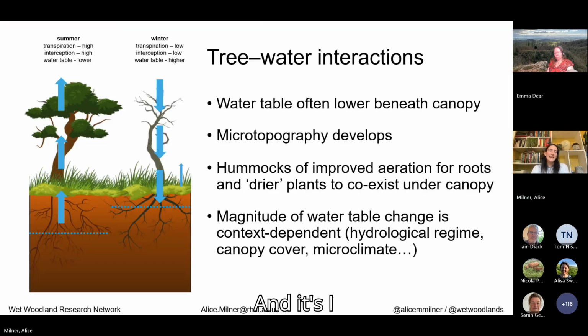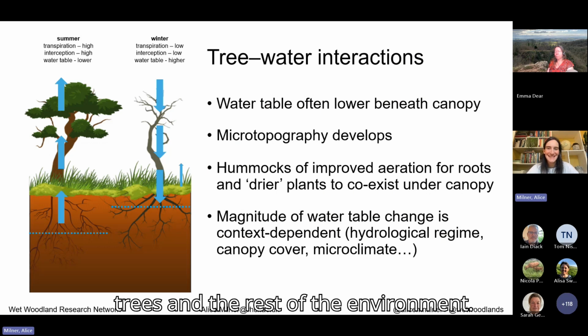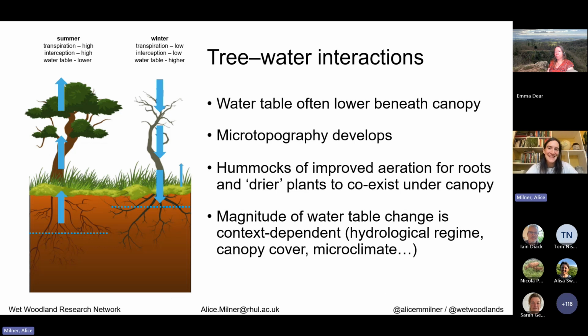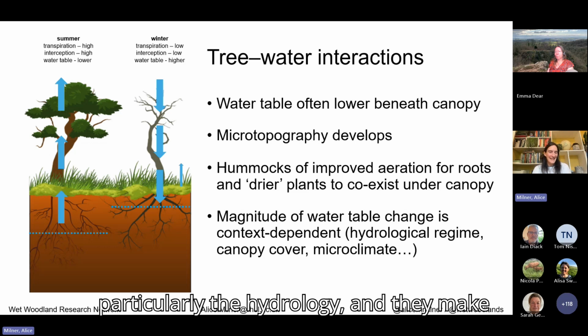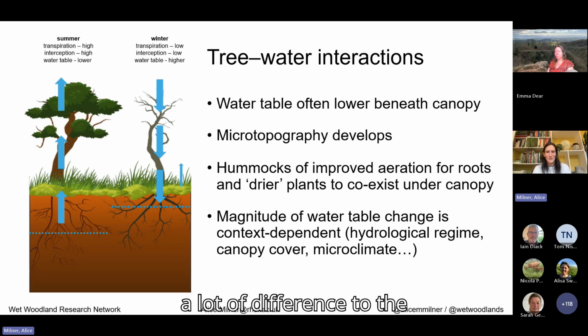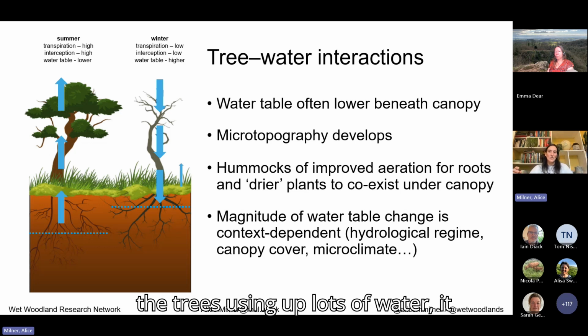The point I want to get across here is that it's not a passive relationship between the trees and the rest of the environment. The trees can engineer the environment, particularly the hydrology, and they make a lot of difference to it. The most common way they change it is through transpiration during the growing season. The trees use up lots of water, which draws down the water table.